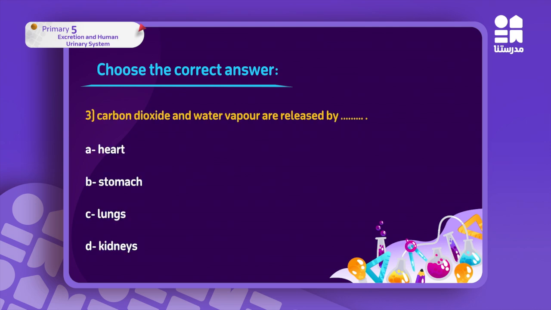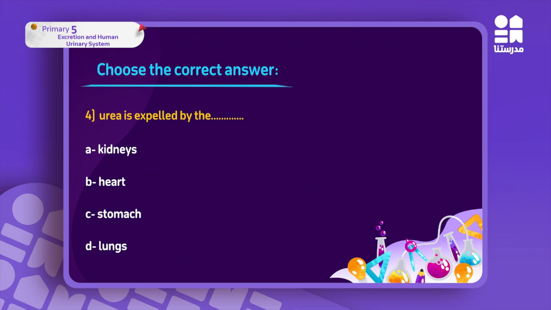Perfect. Number 3, carbon dioxide and water vapor are released by the heart, the stomach, lungs, or kidneys. So carbon dioxide by the two lungs. The next one, urea is expelled by the kidneys, heart, stomach, or lungs. Urea and also uric acid, yes, we remember, kidneys.